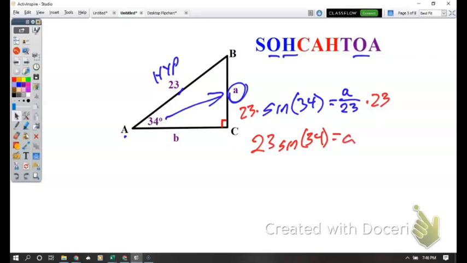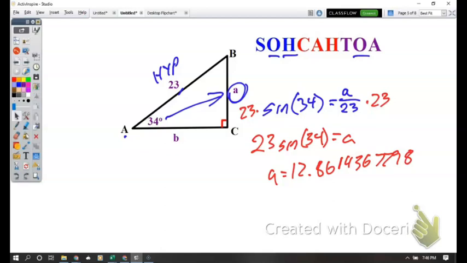And now I'm just going to stick this into my calculator and see what answer I get. On your calculator, you end up with A is equal to 12.86143677798, on and on and on it goes. All right.